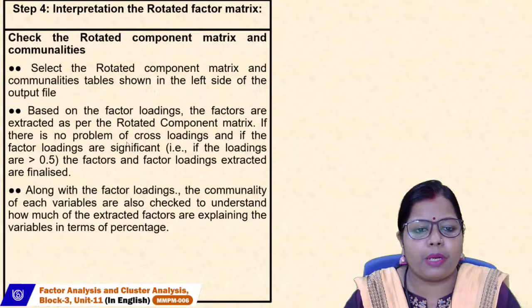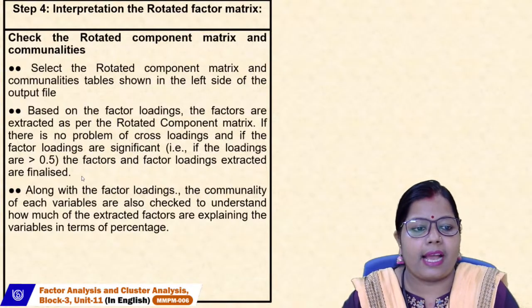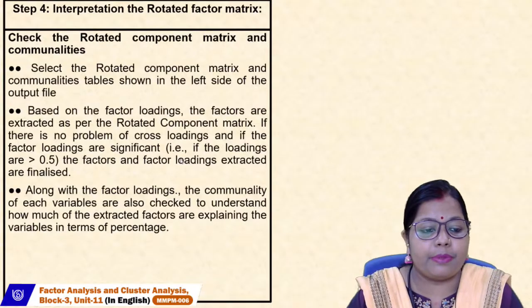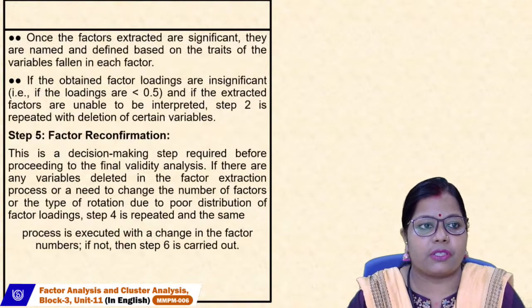If there is no problem of cross loadings and if the factor loadings are significant, then the factors and factor loadings extracted are finalized. Along with the factor loadings, the communalities of each variable are also checked to understand how much of the variables the extracted factors are explaining in terms of percentage.